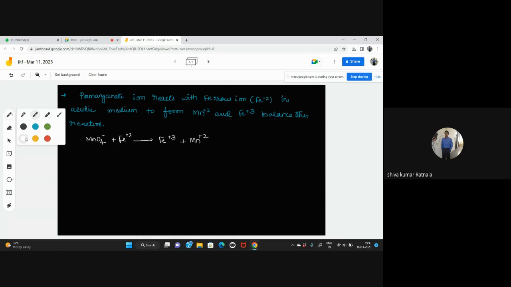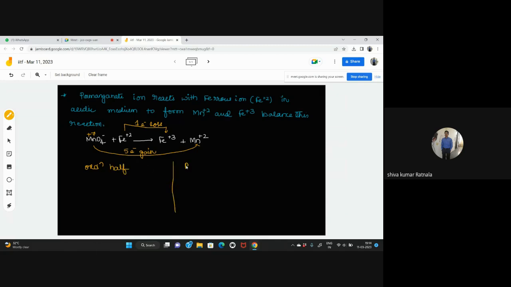If I write the oxidation state here, manganese will have plus 7, so the change is a 5 electron gain, and Fe plus 2 to Fe plus 3 means 1 electron loss. Now we need to do the oxidation half and reduction half individually, right?